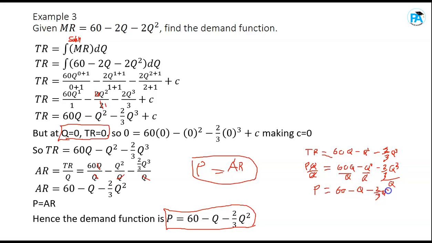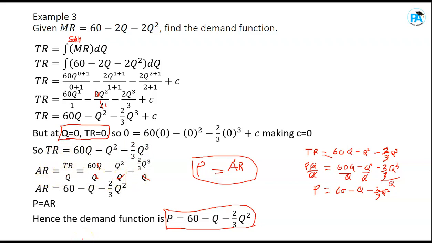You see that we end up getting the same answer again. Do you get it? So that's another way of going about it. When you get to this point, you just substitute PQ in place of TR, then you divide through by Q so that you can get the demand function.